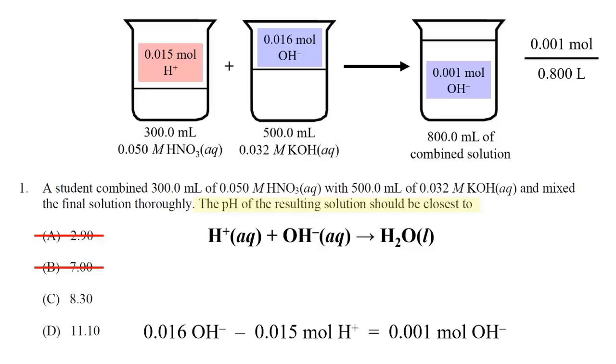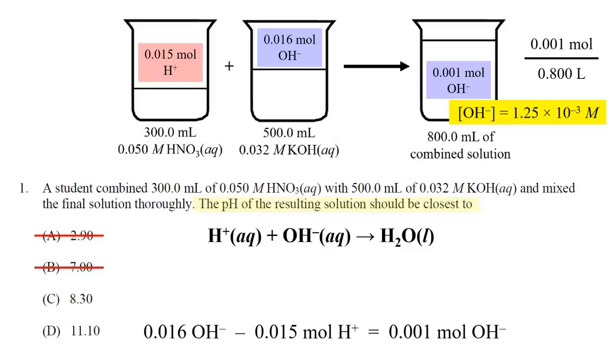Now when you do that math to get the concentration, 0.001 divided by 0.8, that is the concentration of the hydroxide ion. When I did that math, I got 1.25 times 10 to the negative 3 moles per liter.